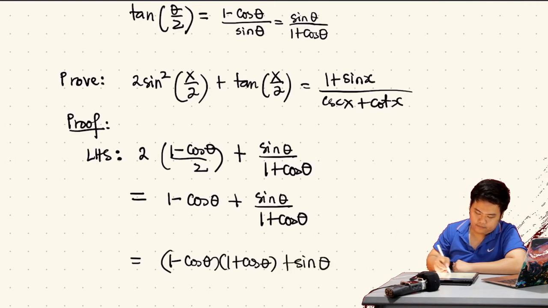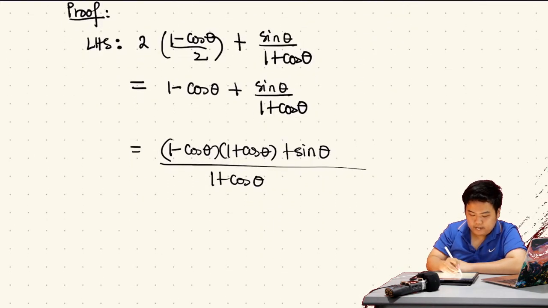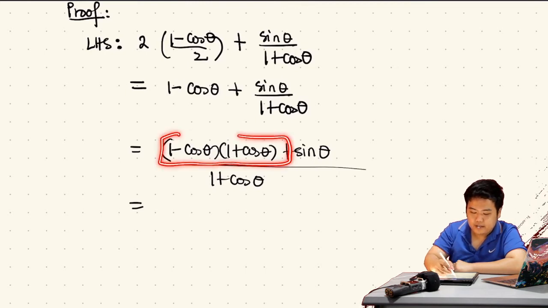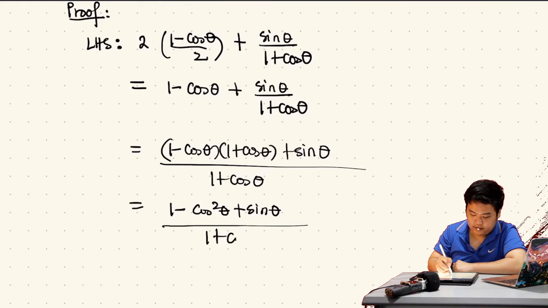And 1 plus cos theta. Ano na ito? This is a difference of 2 squares. So, we get 1 minus cosine square theta plus sine theta all over 1 plus cosine theta.